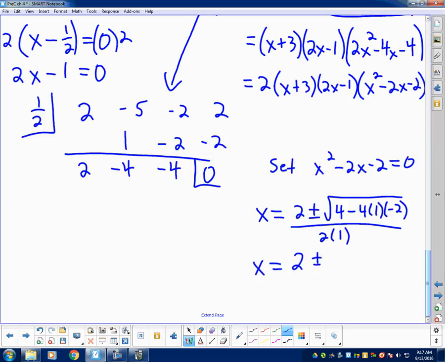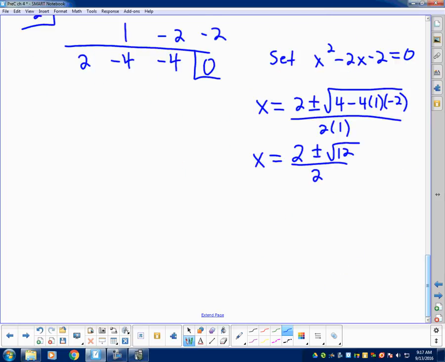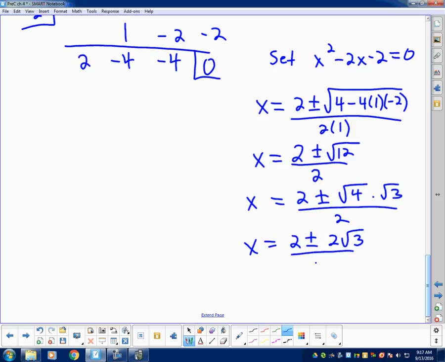So 2 plus or minus square root of 12 over 2. We can handle simplifying this, though. What comes out of this? It could break down as root 4 times root 3 over 2. So x equals 2 plus or minus 2 root 3 over 2.